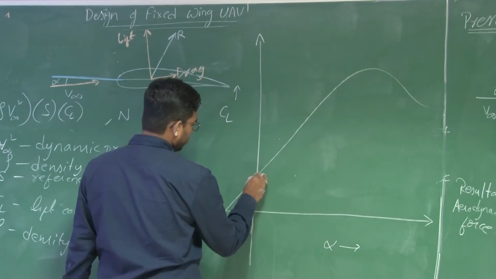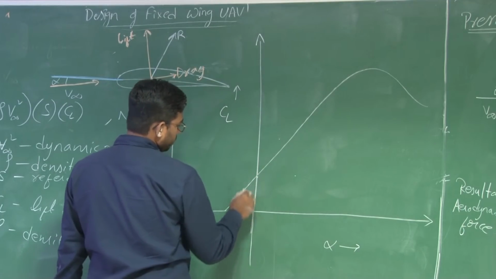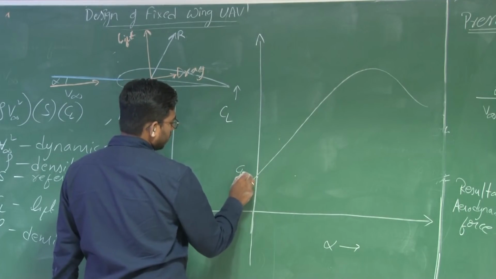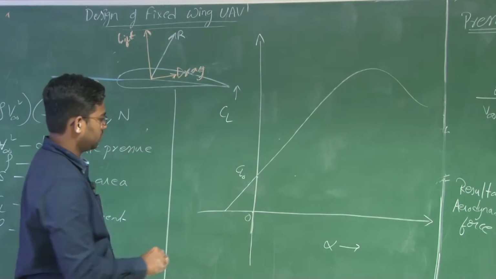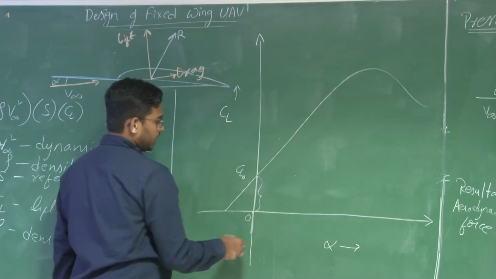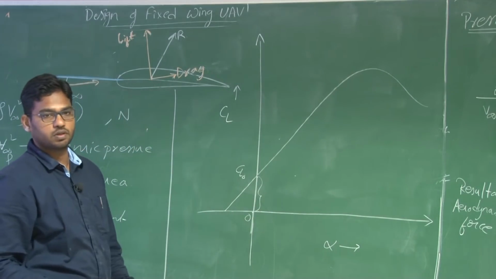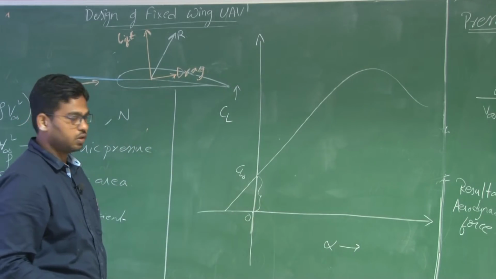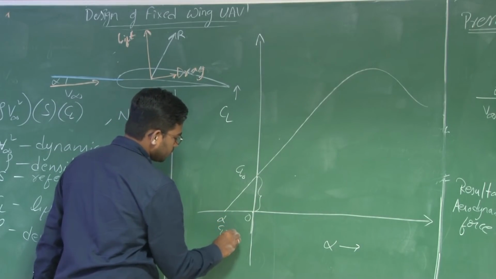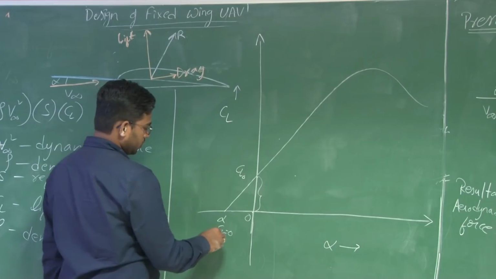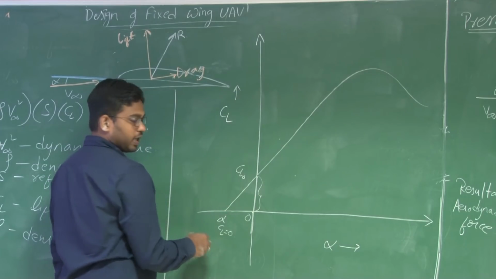For a cambered aerofoil, you have a lift coefficient called CL naught even when the angle of attack is 0. This y-intercept at alpha equals 0 is CL naught. And you have an alpha at which CL is equal to 0, which is negative for a cambered aerofoil.